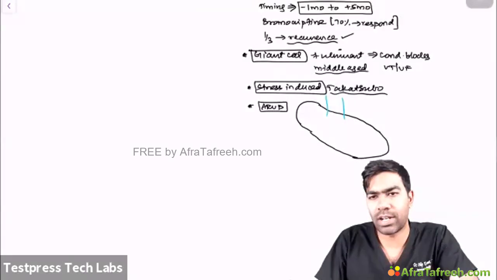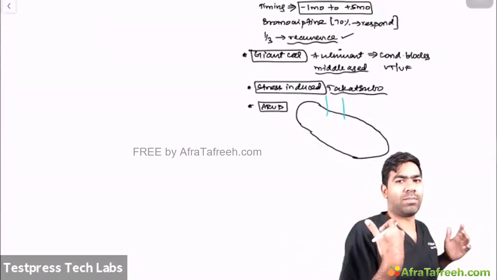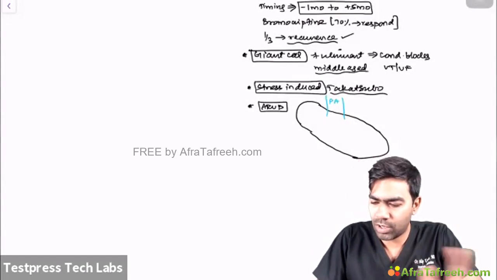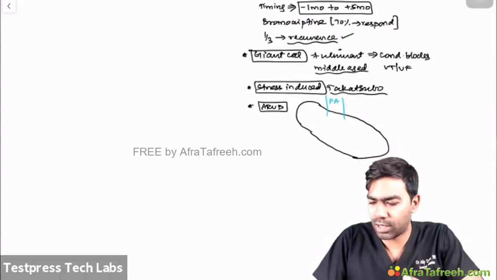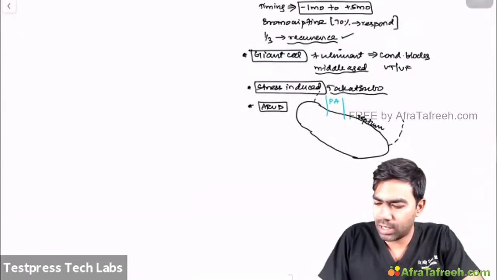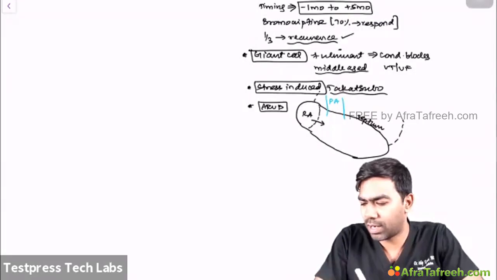Now I'm showing the right ventricle from the right side. From this side, this is how the right ventricle looks. So this is the pulmonary artery, or you can call it the right ventricular outflow tract. And from here on, you have the LV and all the other structures. This is the septum.